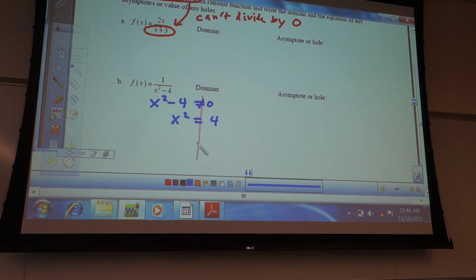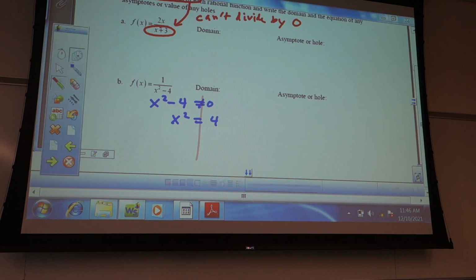So then how do I get x? Is it 2? Well, 2 times 2 is 4, but how do you undo a square? Yep, exactly, Alex. Square root it.